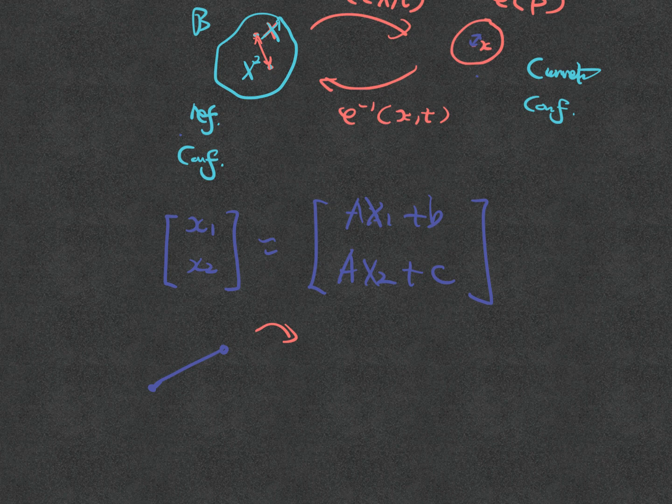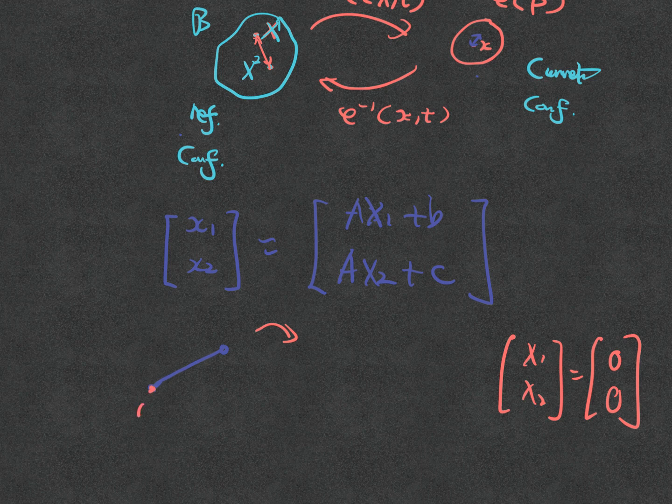If originally I have a point x1, x2 equal to 0, 0, what is the new point? Let's say this one is 0, 0. What will be the new point x1 and x2? It will map to where? B and C, right?